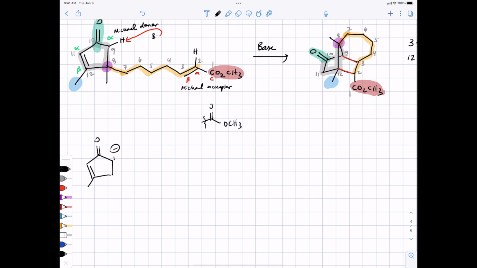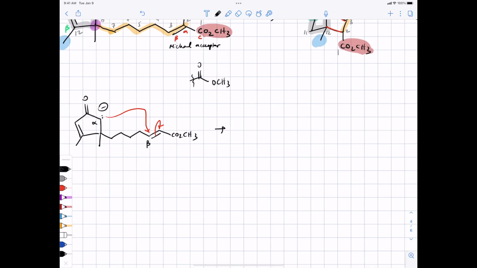Once I do that, the alpha carbon of my enolate attacks and makes a bond with the beta carbon. That's horrific. We can draw that here, and that's a 1, 2, 3, 4, 5, 6, 7-membered ring.